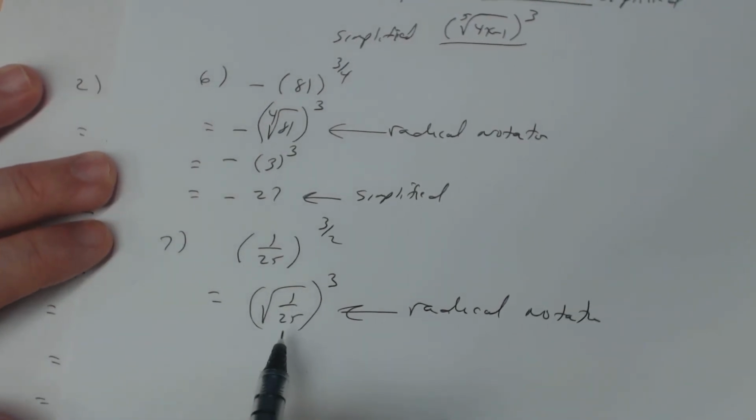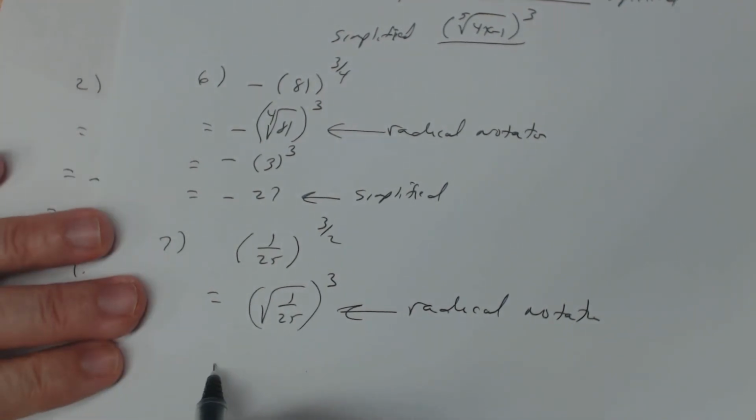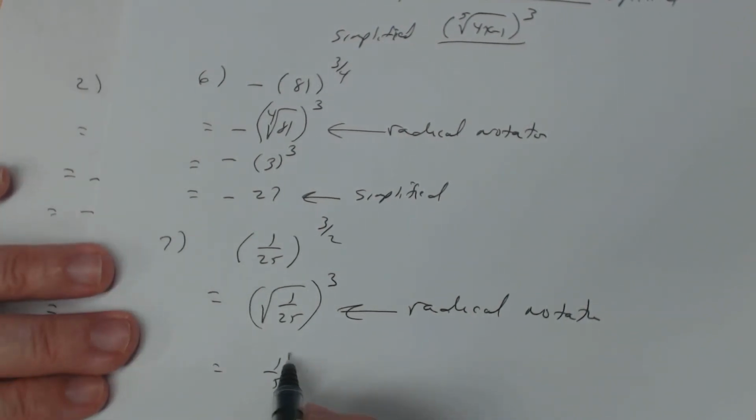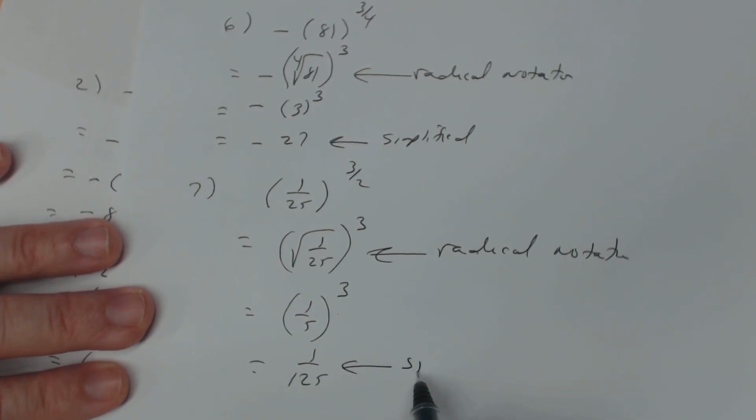And then let's simplify. The square root of 1 over 25 means what number times itself twice is 1 over 25, so the answer is 1/5, because 1/5 times 1/5 is 1 over 25. But I am cubing this, so 1/5 cubed is 1 over 125. So that's your simplified answer.